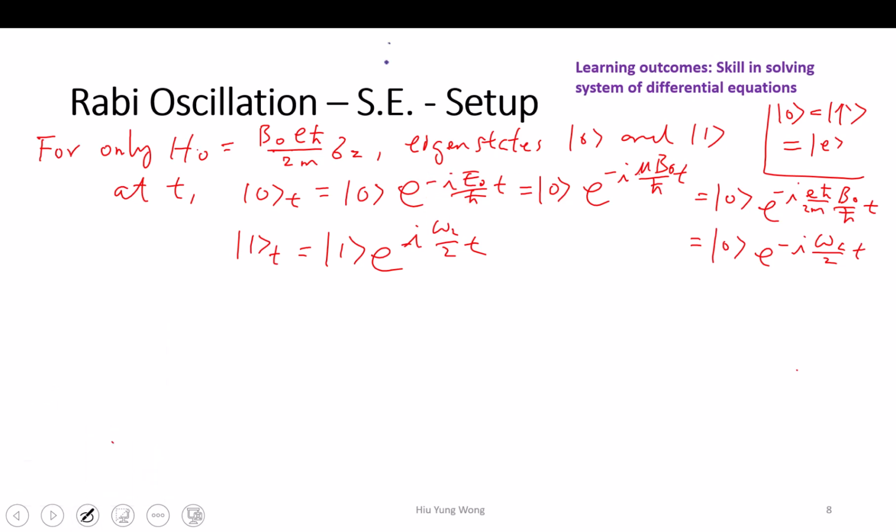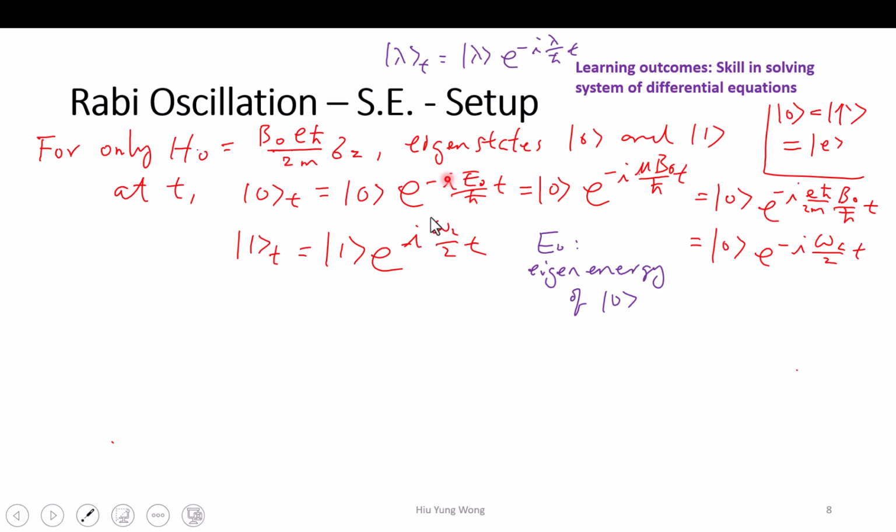If you have an eigenstate, let's say lambda, at time t, it's just equal to the initial lambda times e to the power negative i lambda divided by h bar t, if lambda is the eigenstate of the Hamiltonian and lambda is the eigenenergy. So E0 is the eigenenergy of state 0, and similarly, E1 is the eigenenergy of state 1.